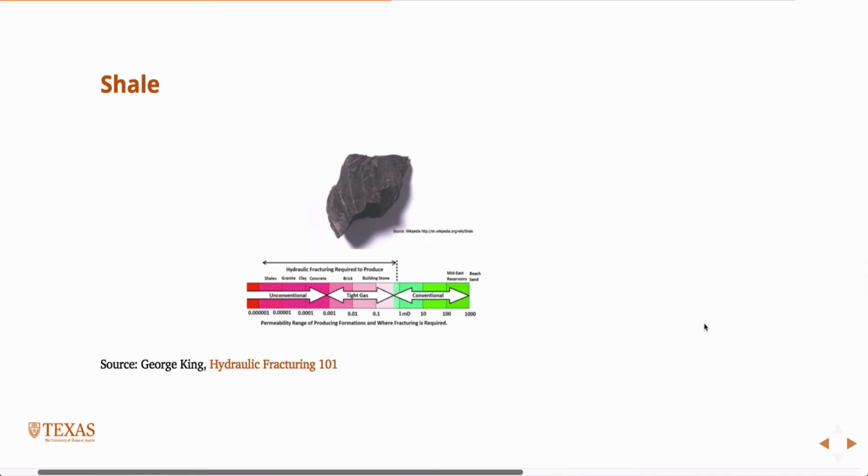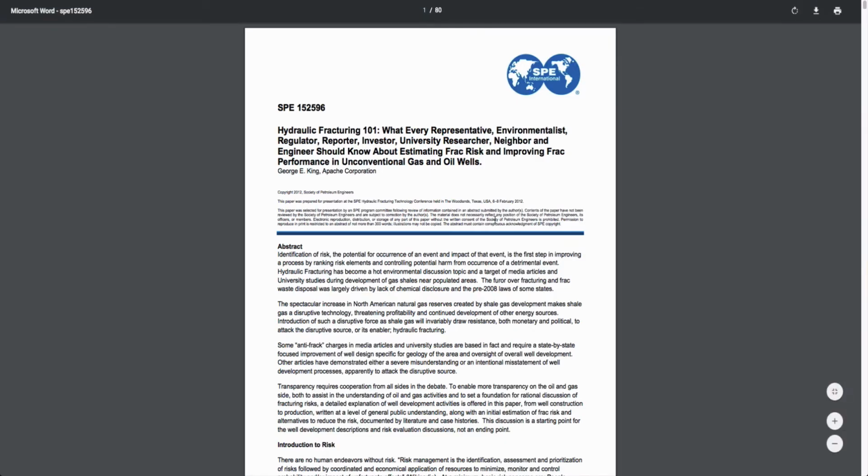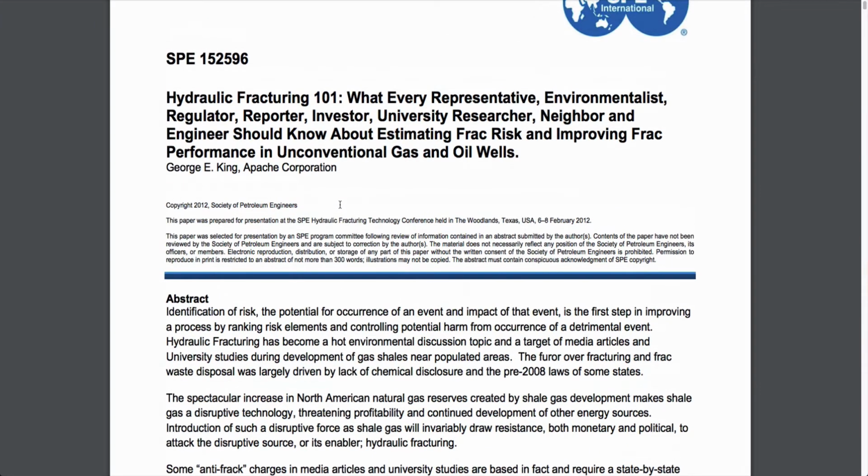This picture and I think the next several are taken from this Hydraulic Fracturing 101, and that's a hyperlink. So if you click on the slides, you can actually go to this. This is an SPE paper from, I think, 2012. If you go to George King's website, I think he's continued to update this over the years.